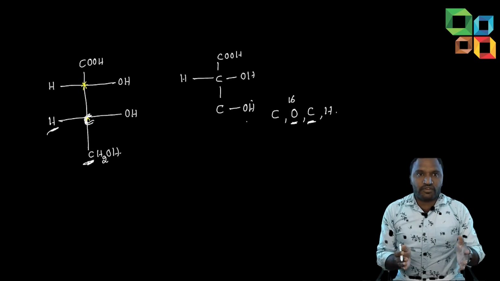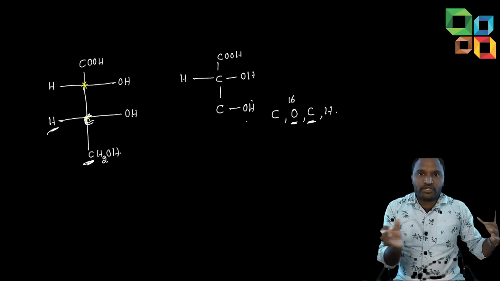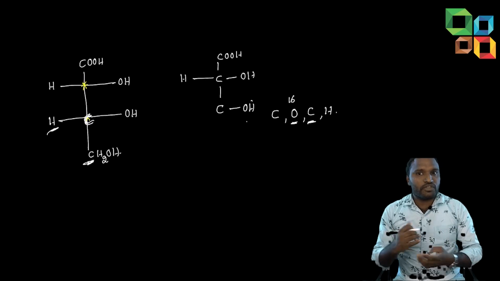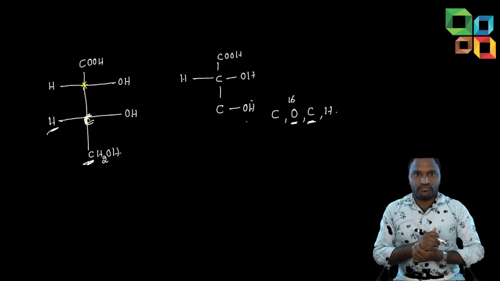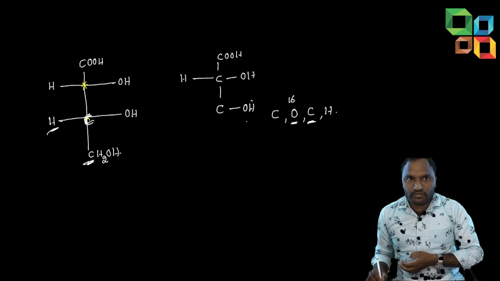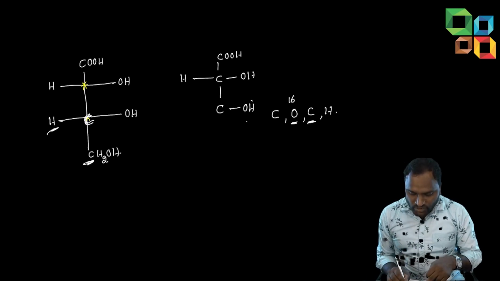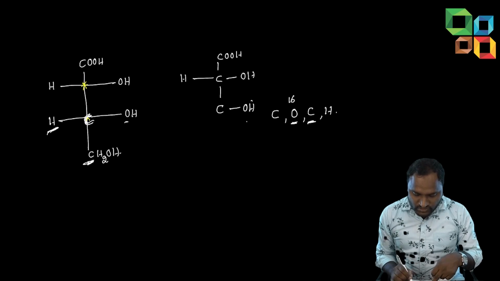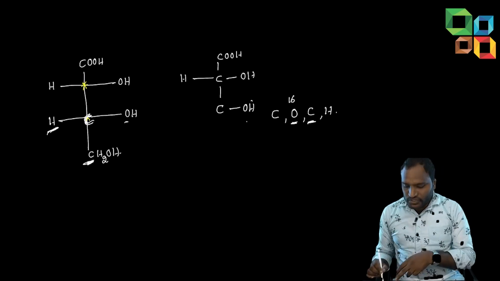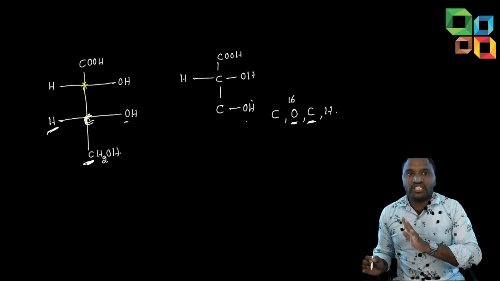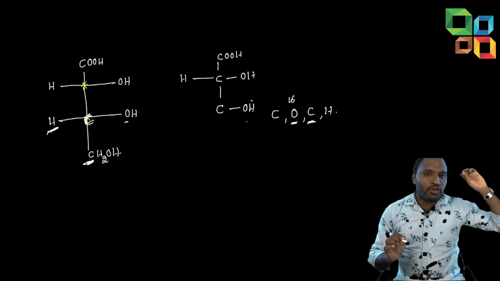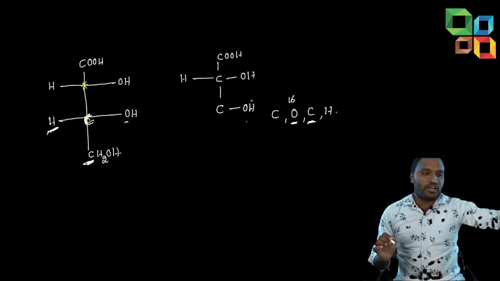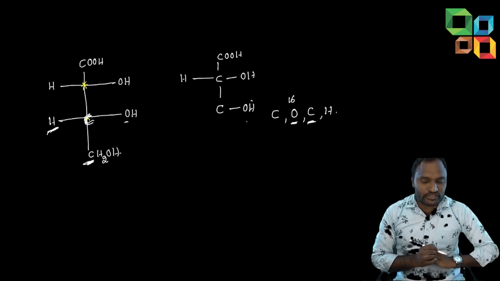Otherwise, they will kill us. Same thing. Higher atomic mass only will keep first. I have O here, hydrogen here, carbon here. Which will keep first? O, C, H. This clarity, if you have, you can answer not only 2 chiral centers, 10 chiral center compound. If they give also, you can do it.